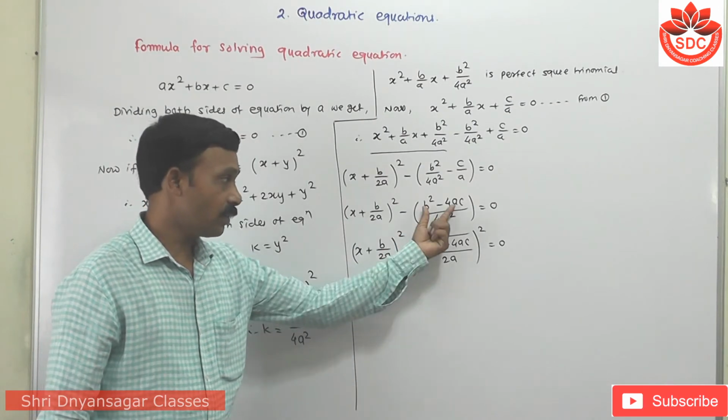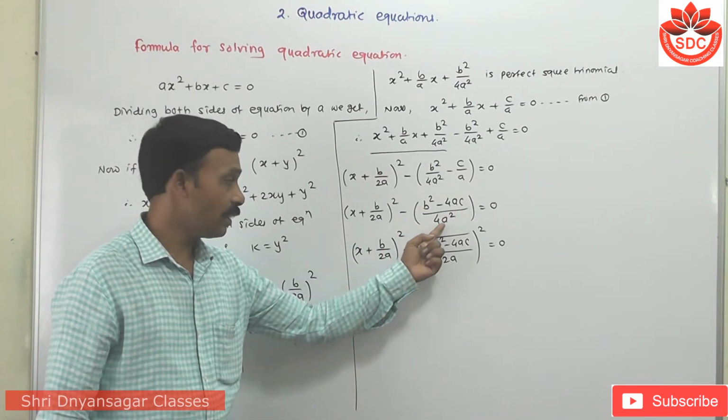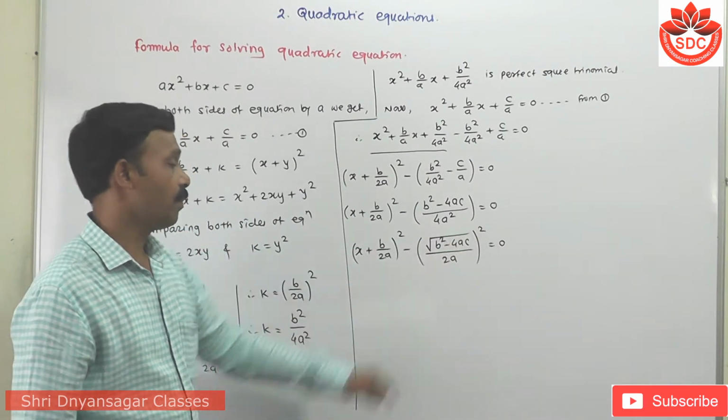We cannot find the square root, so we write it in symbol.